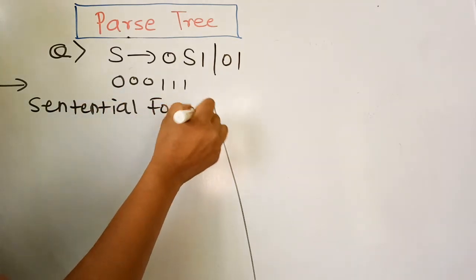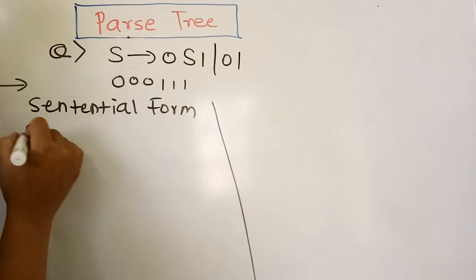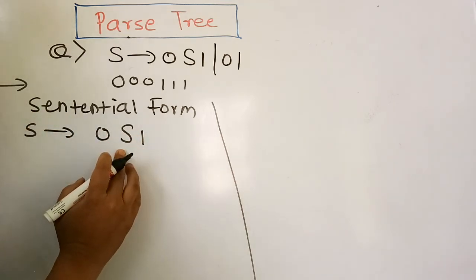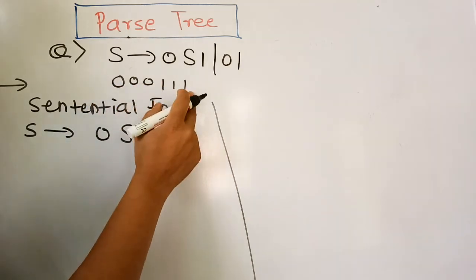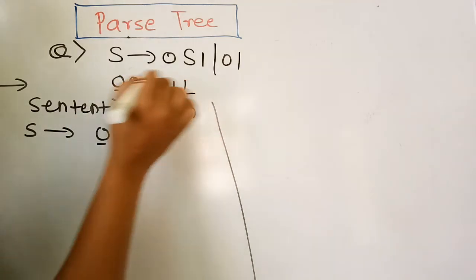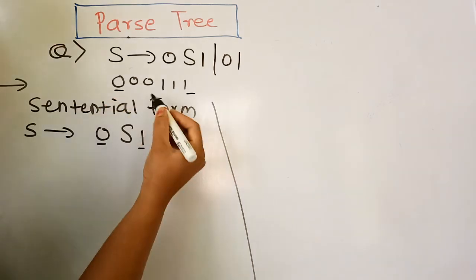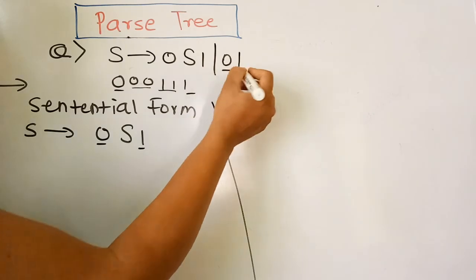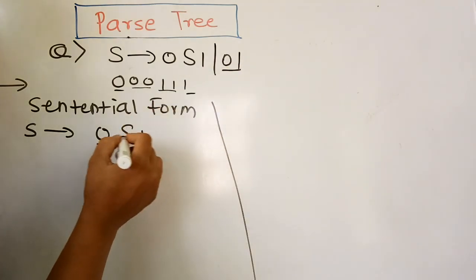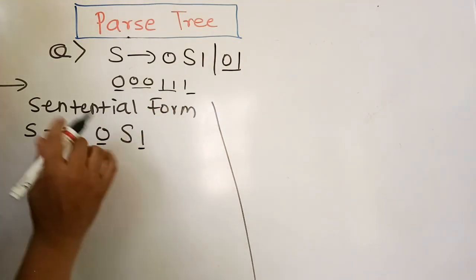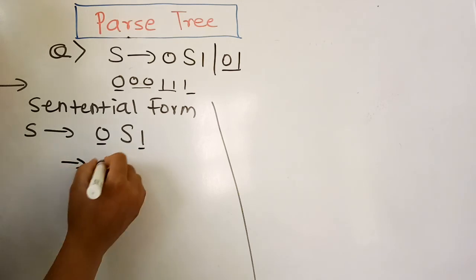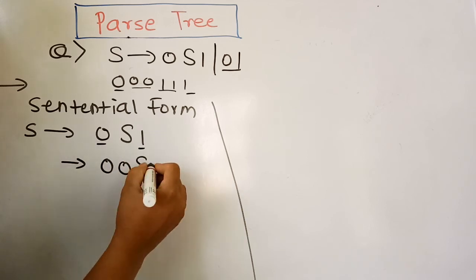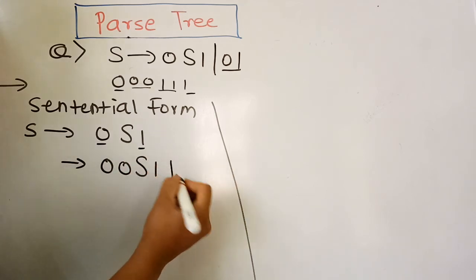First of all, I will try to derive it by sentential form. Starting with the start symbol, that is 0S1. You have to acquire three 0s and three 1s, but one of each has already been reached. Now you have to acquire two more. If we directly replace this S with 01, then there will be only two 0s and two 1s. So another mechanism is to replace this S again with the same, 0S1.